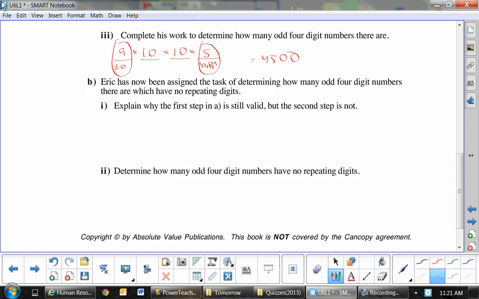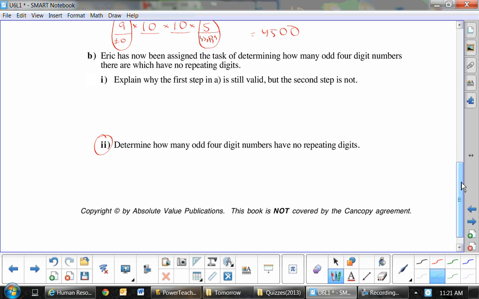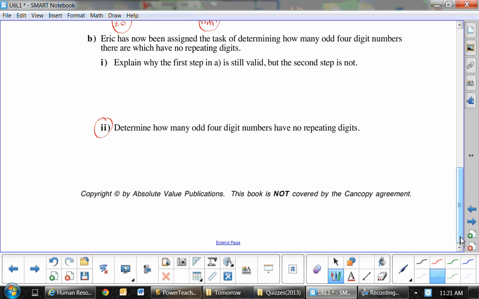Okay, now, let's look at this one. Determine how many odd 4-digit numbers you can have with no repeating digits. No repeating digits is a very, very common way of asking these questions.